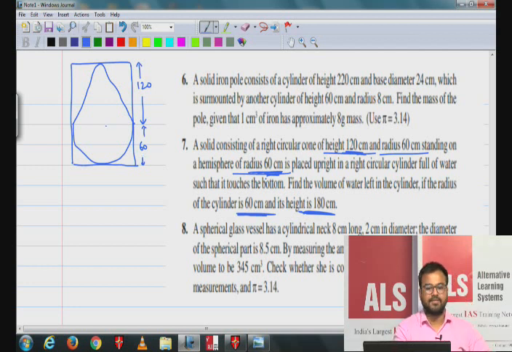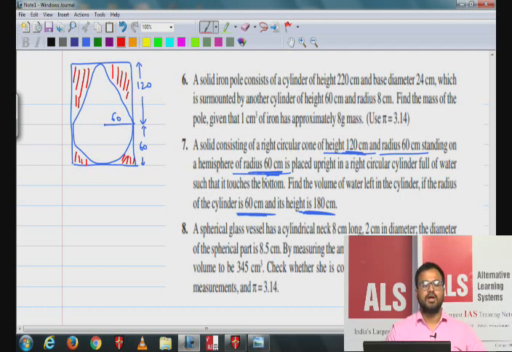Radius is the same for all of them, which is 60. Now we have to figure out the volume of water left in the cylinder. It means just figure out the volume of the cylinder and subtract the volume of the shape. So this region is the answer. Whatever amount of water is there in this region, that is what we have to find.